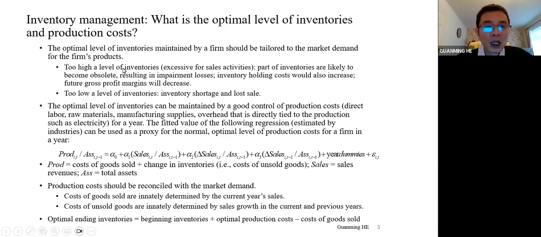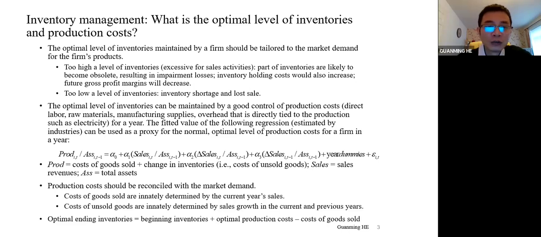If the level of the inventories is too high, then the company may face the risk that part of the inventories might become obsolete and out of date. This will result in impairment losses on the inventories. Furthermore, the inventory holding costs will increase, and this will eventually lead to a reduced gross profit margin.